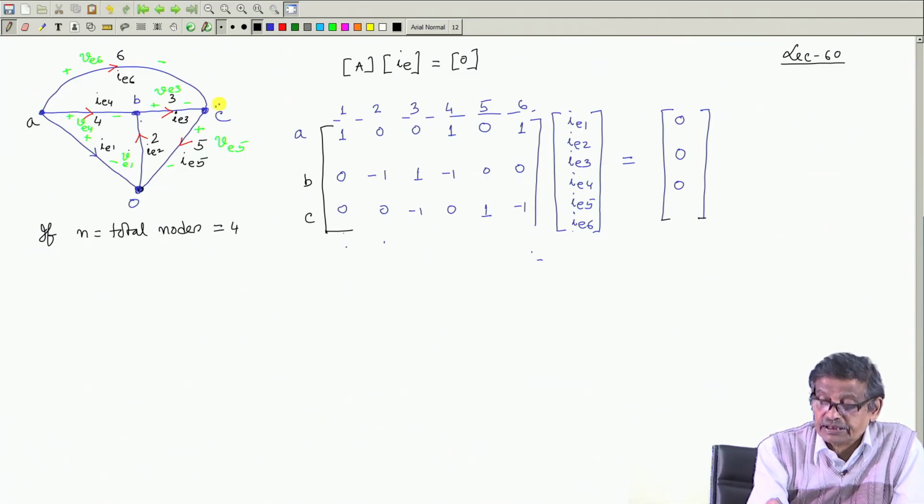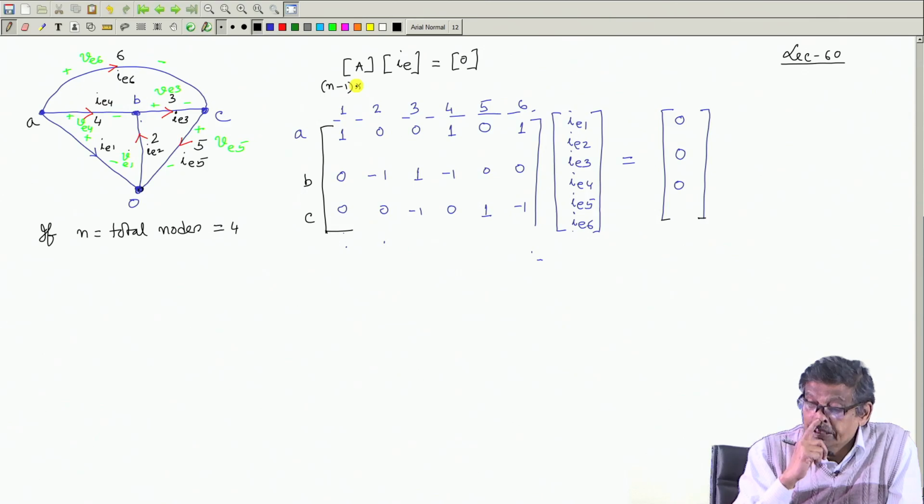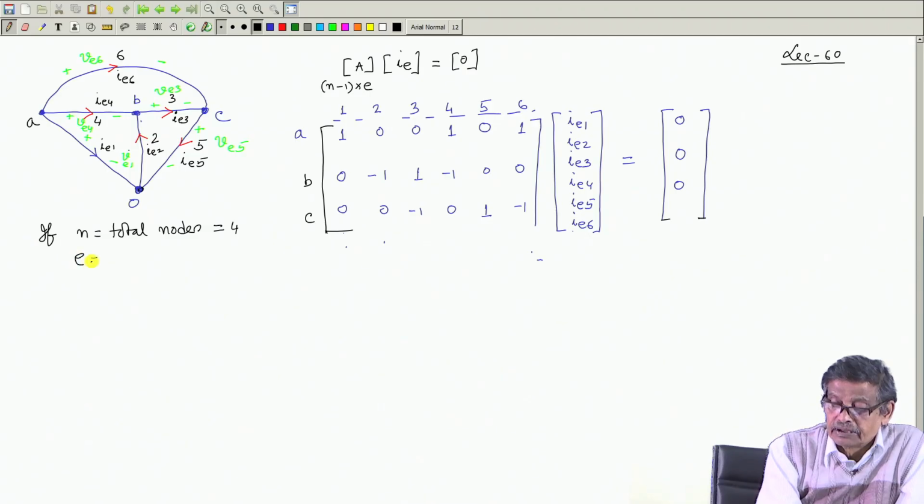So, the number of rows of this matrix in general will be n minus 1, and the number of columns will be E, where E is equal to the number of edges.